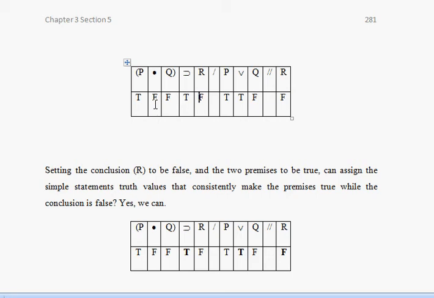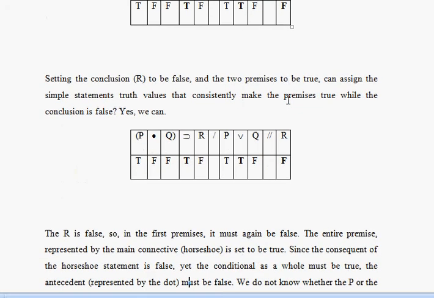And if R was false, the horseshoe would be true while the R would be false, meaning that it would be possible to have a line in which the premises are true and the conclusion is false. So basically you're saying, hey, look, it is possible to have it. You don't have to do all the lines, you just do the line that proves invalidity. If you do it, you highlight it or circle it and write invalid. If it works out, you know it's invalid.